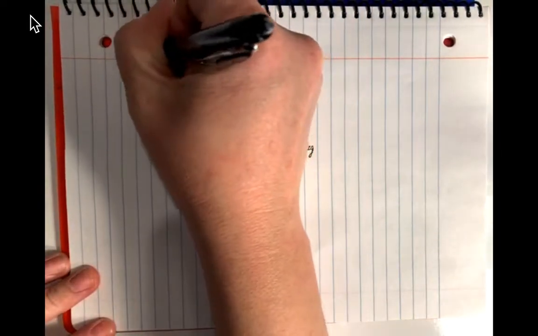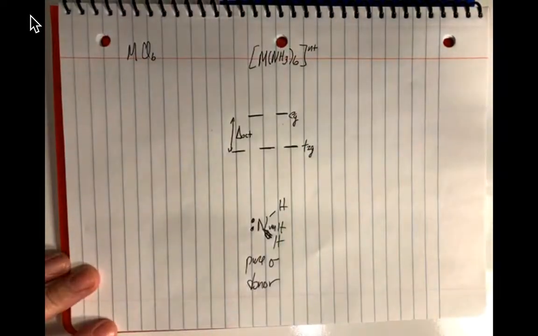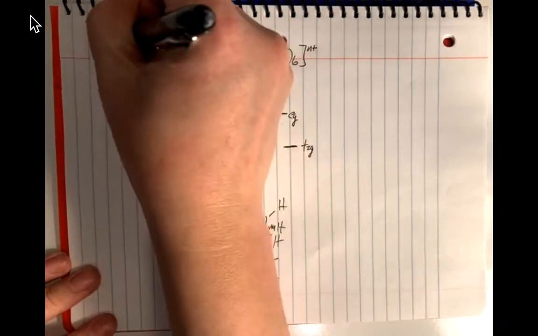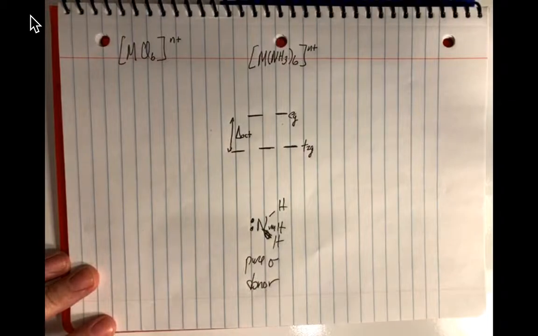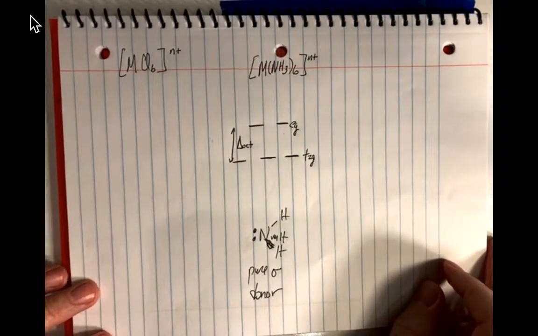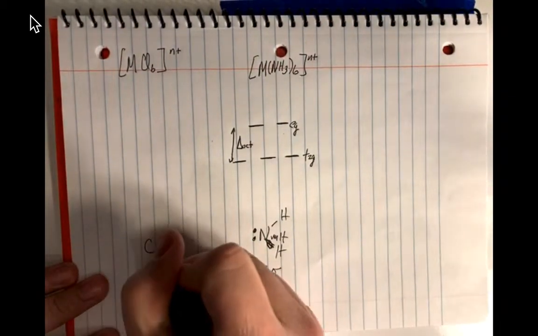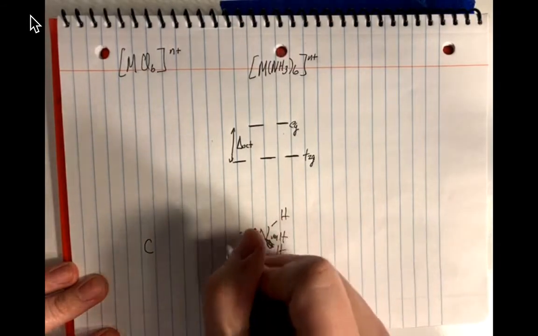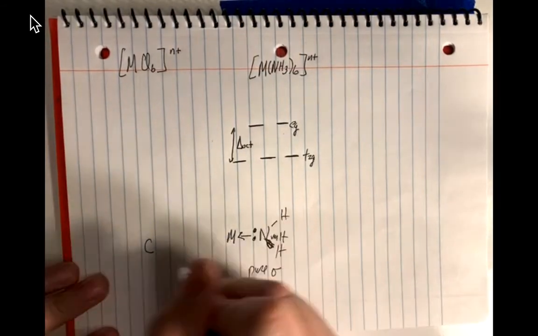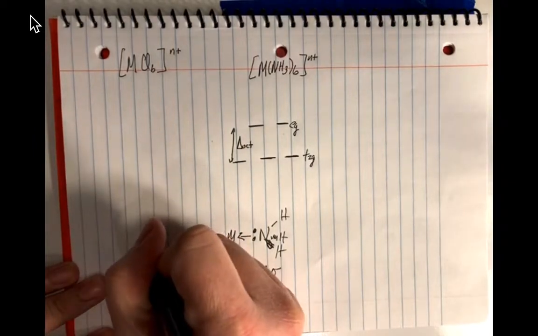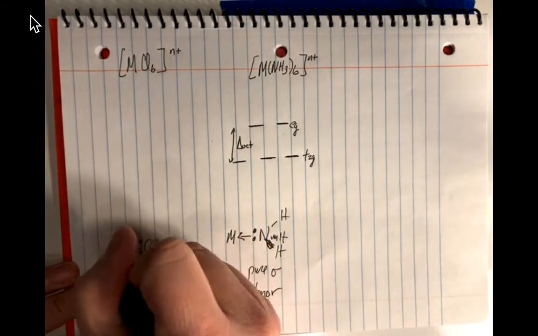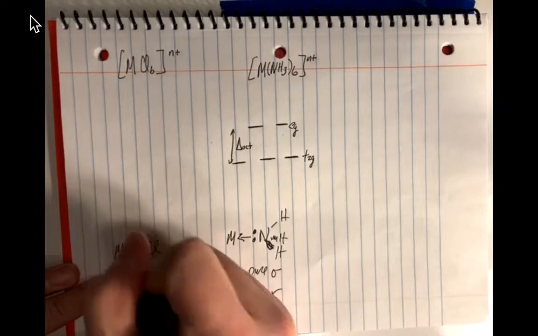Let's now talk about something like having 6 chlorides around the metal in an octahedral arrangement. And that will look like a lone pair from the chloride donating into the metal center.